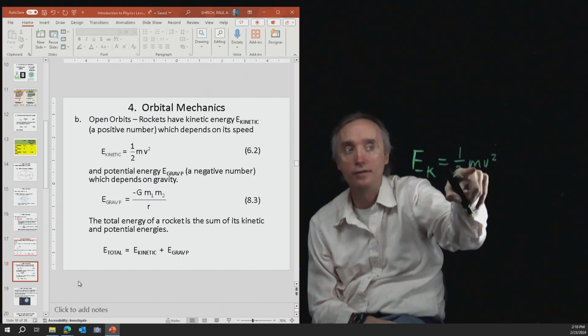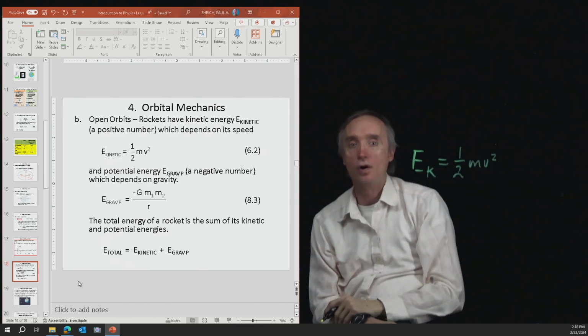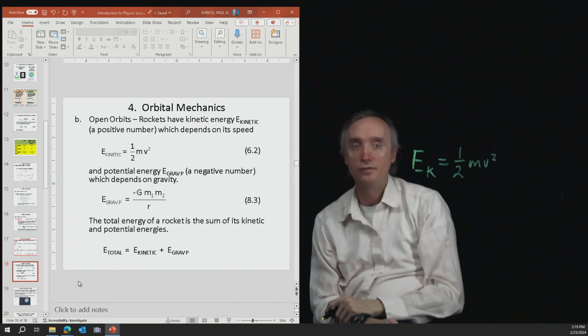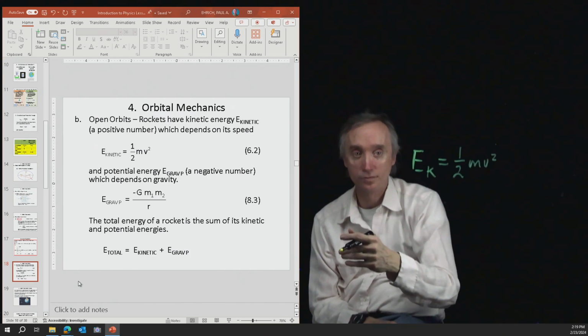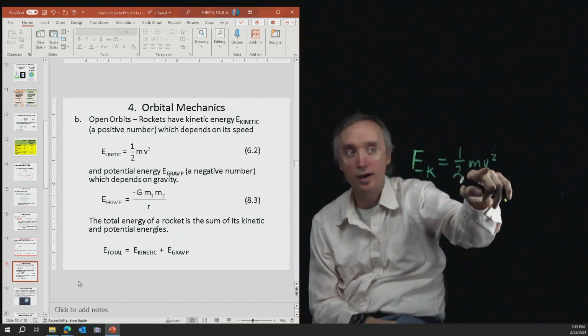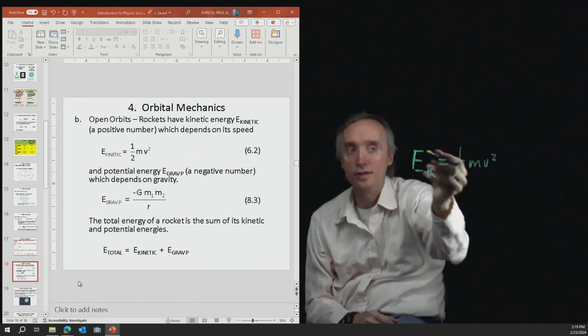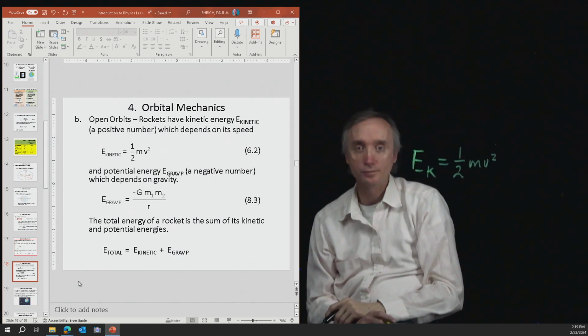Notice that it's always a positive number. Even if you were going backwards, so that you had a negative speed, what happens when you square a negative number? You get a positive number. So this is always going to be a positive number.